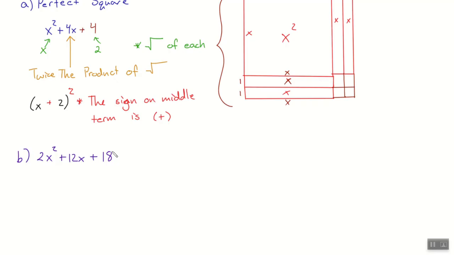First thing, always, what do I do? Very first step, always, with factoring. What's the very first thing you want to do? GCF. Awesome. Is there a GCF on this? Anything that goes into all three terms. 2.